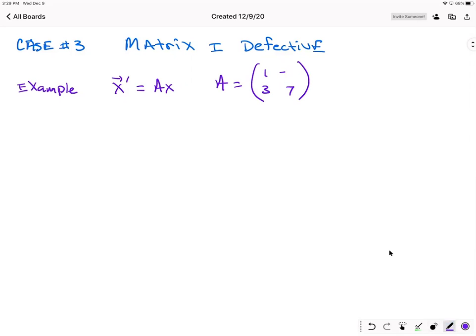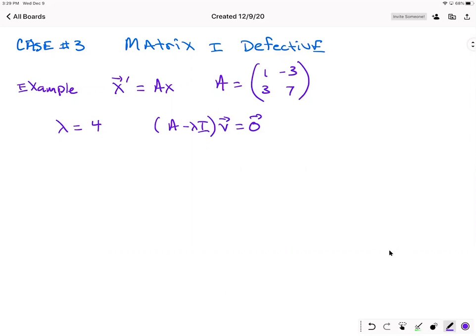When I find the eigenvalues, I get lambda equals 4. And remember that I have to plug in A minus lambda I times V equals 0, and do the reduced row echelon form.